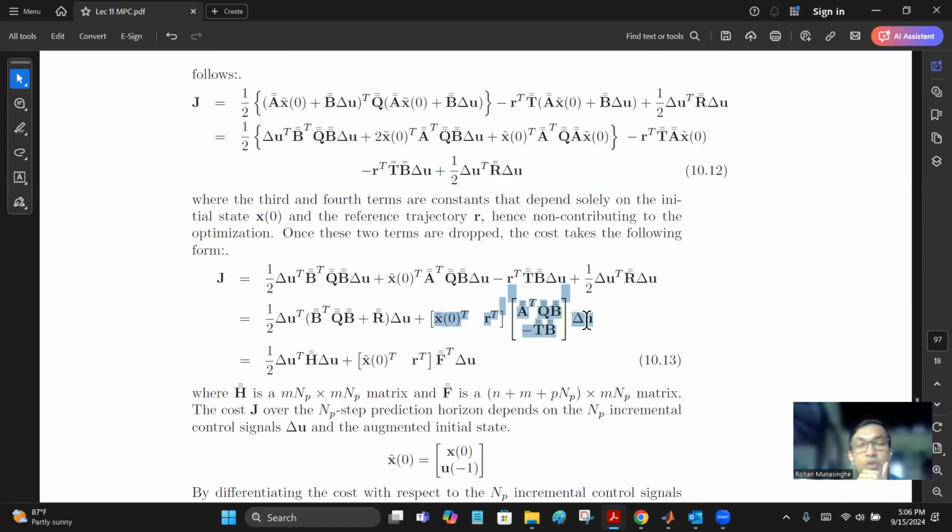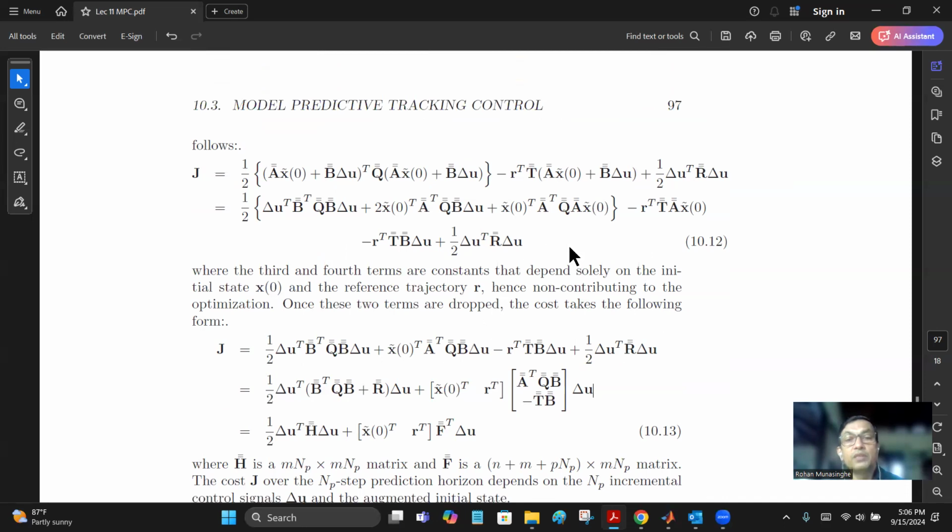And the rest you put into this format, that is delta U and X. There's some combination. You can see it over here, delta U and X. Can you see that over here? This delta U and X. So you have to combine these terms together.